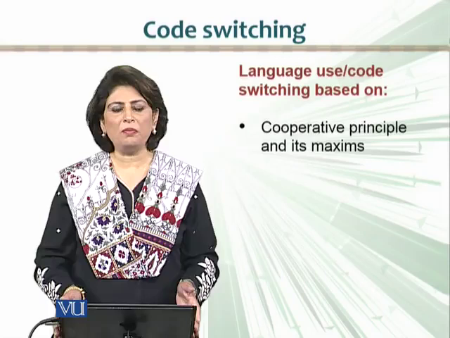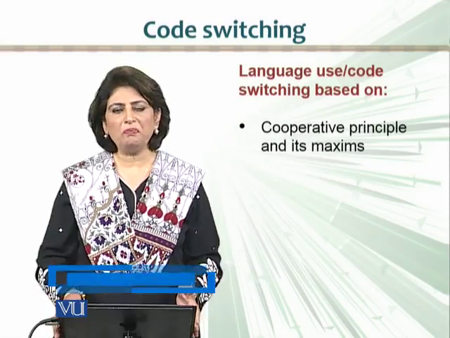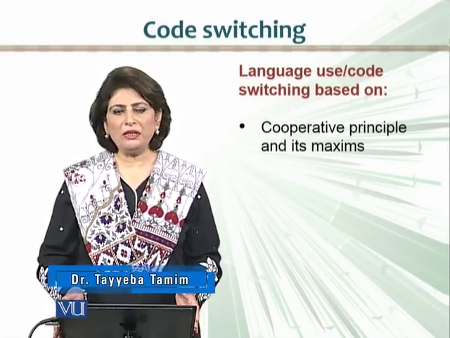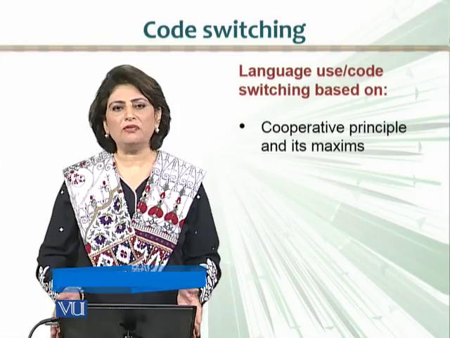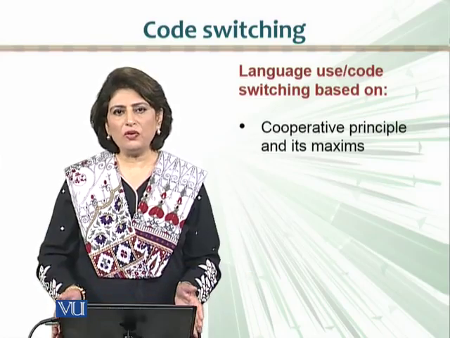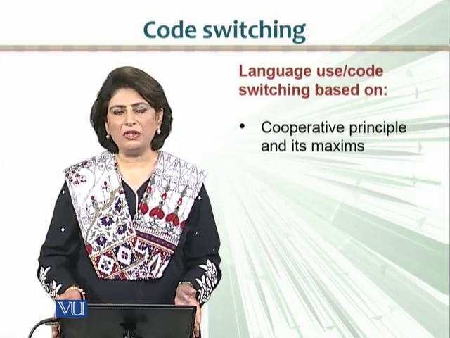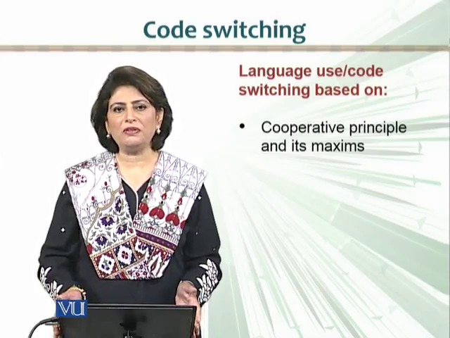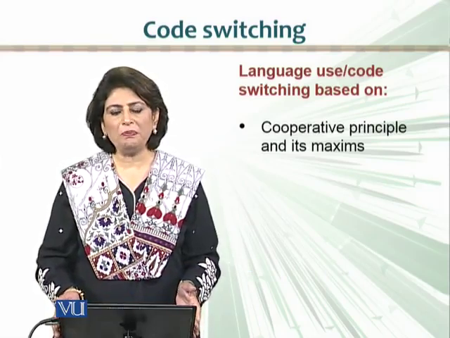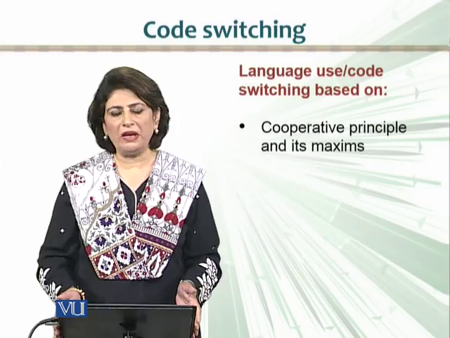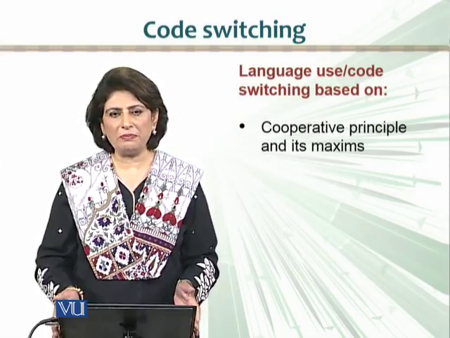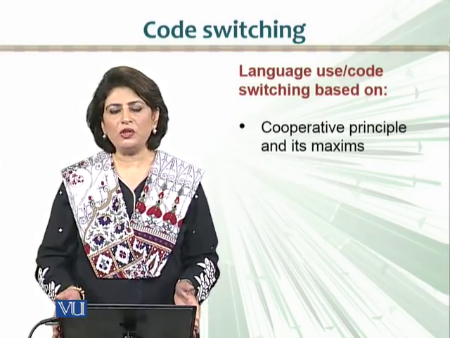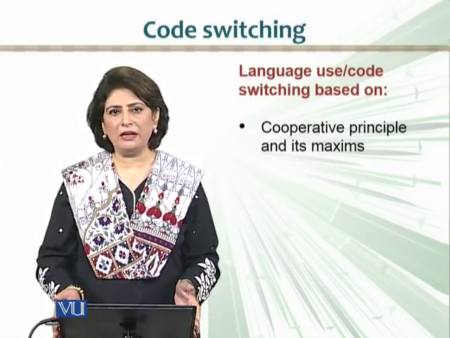Now, it is argued that any conversation that takes place through language as a code is based on a cooperative principle. A cooperative principle would mean that we would need to communicate as clearly as possible the meaning that we want to convey. So it is based on a cooperative principle because the hearer wants to understand and we want to explain, and together we work on a cooperative principle on which we try to make our meanings clearer.